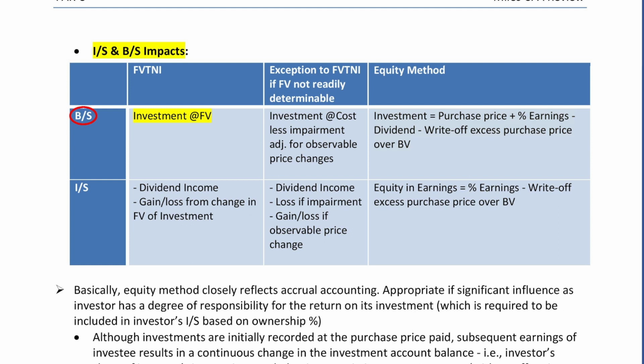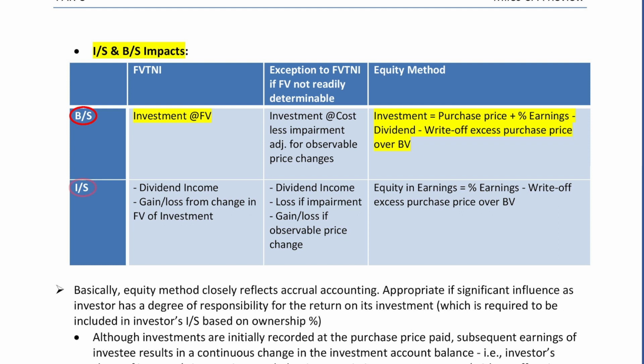Whereas under the equity method, the investment is at purchase price plus percentage of earnings minus dividends and minus write-off of excess purchase price over the book value of the investee. And we've seen this in detail in our example.